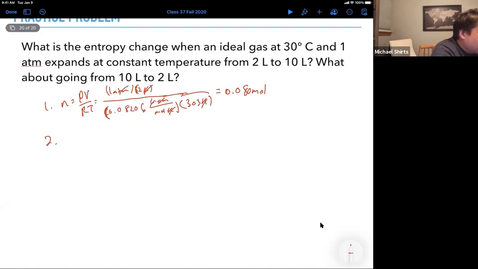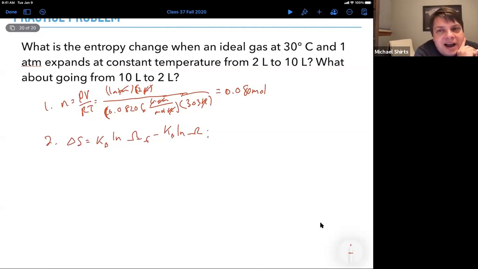All right, so the change in entropy, that's the first part. We know the number of moles of gas. The change in entropy is going to be Kb times log of the density of states final, minus Kb times log of the density of states initial. Remember, if you subtract 2 logarithms, that's the same as the logarithm of the ratio. So this, and this is pretty important, is Kb log of density of states final over density of states initial. We're assuming that for an ideal gas each molecule can move independently of the others.